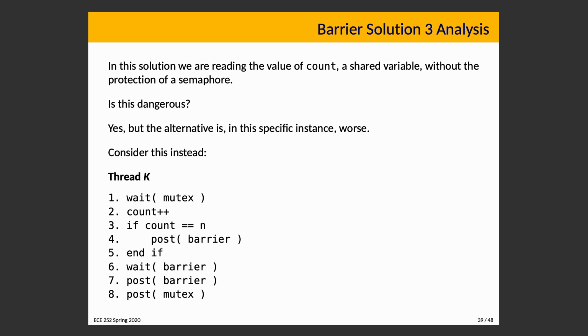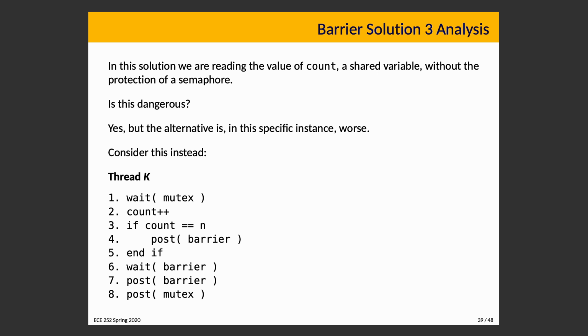However, this does not solve the problem. Consider this instead. So we do a wait here on mutex. Increment count, if count is n, post on the barrier, then wait on the barrier, post, and post on mutex. The first thread that comes along will wait on the mutex, skip over the if block, and get blocked here at statement 6.